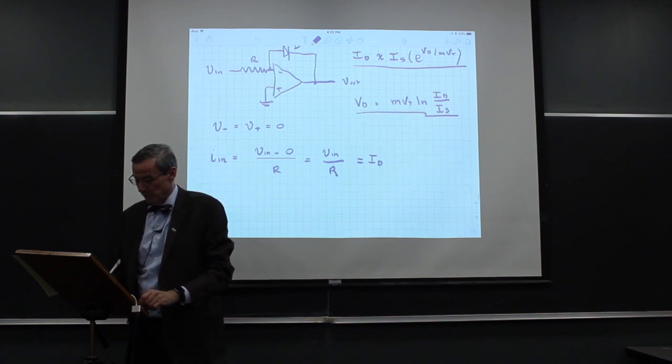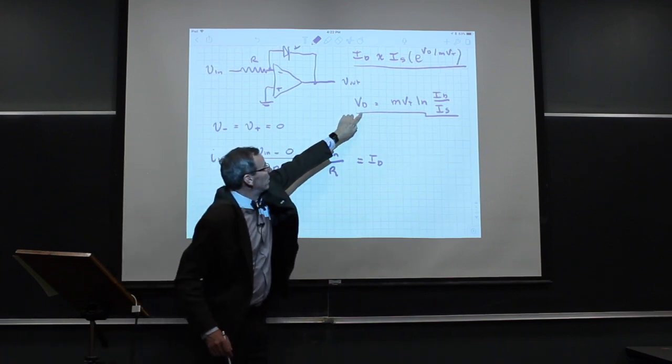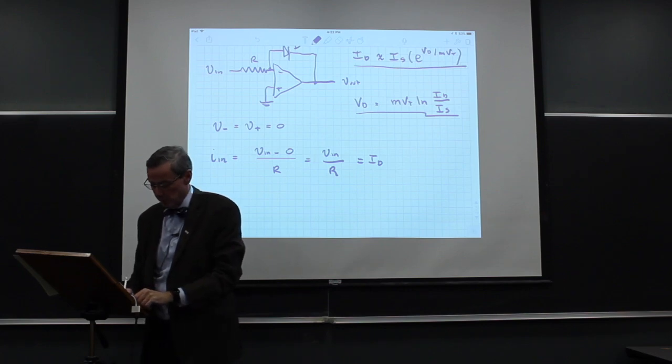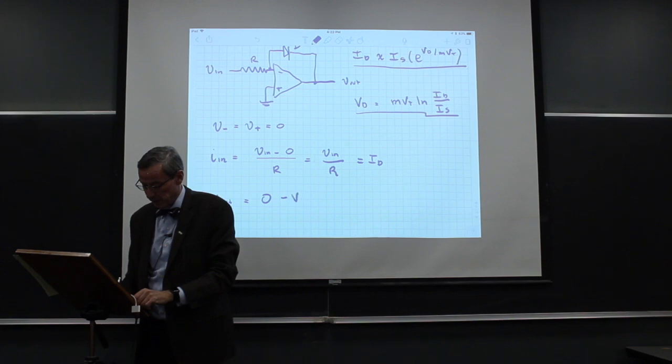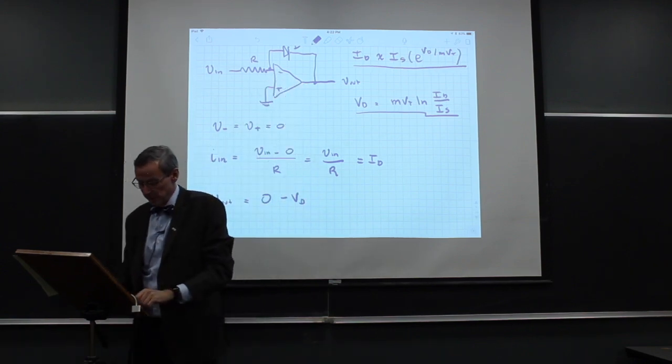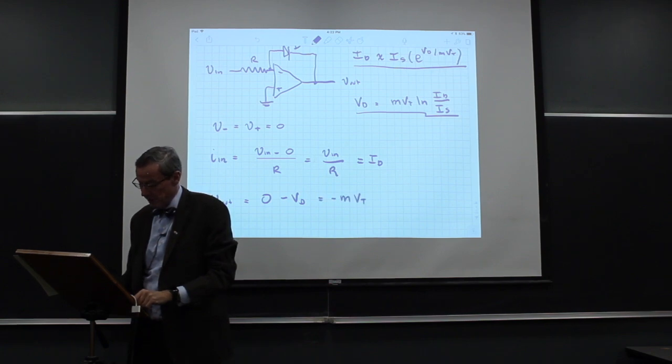So there's a voltage drop across the diode given by this expression here. So the output voltage, V out, is going to be 0 volts minus V diode. The 0 volts here minus the drop across there. So that is going to be minus MVT natural log of I diode over IS.